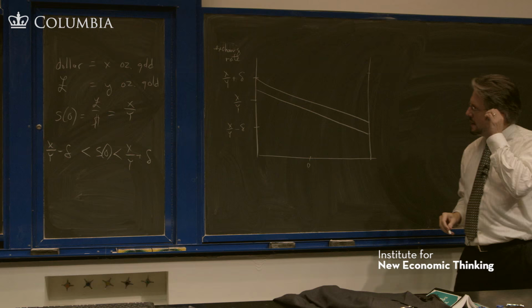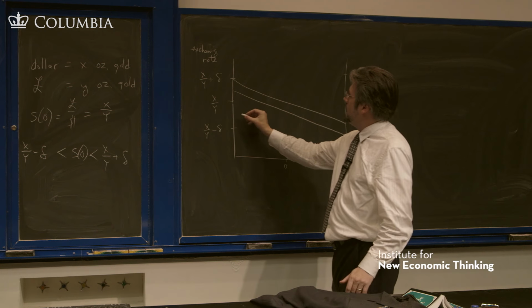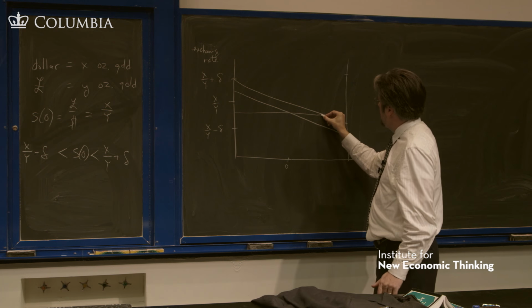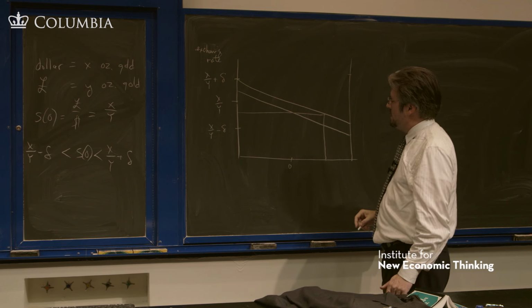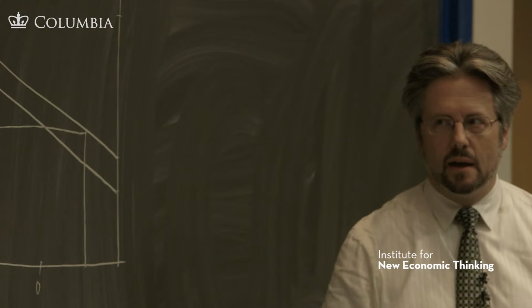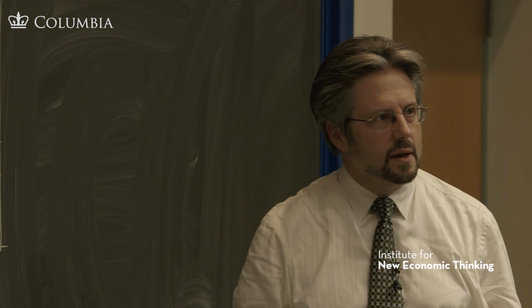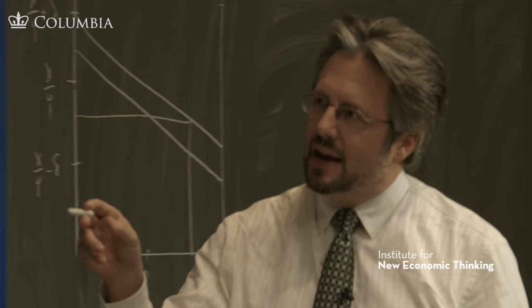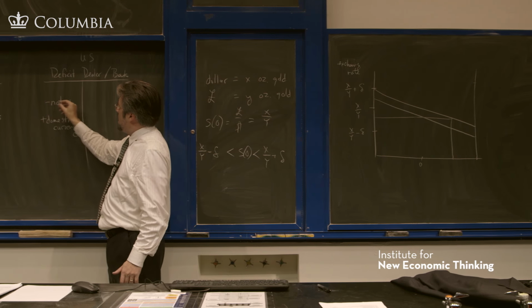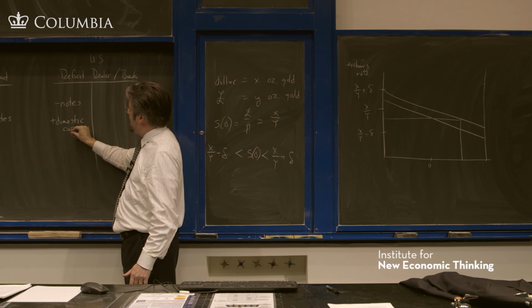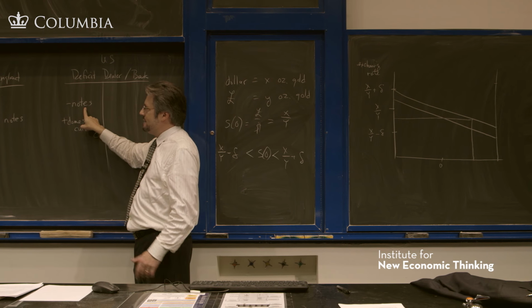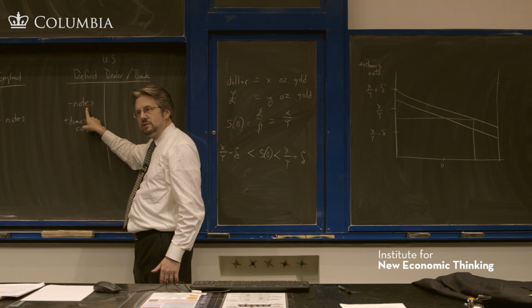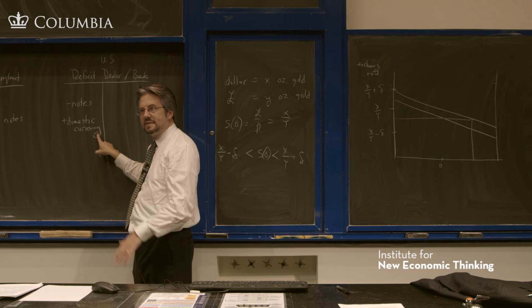Let's say that we are right here, because I'm going to talk about the deficit country. The US is a deficit country, and the dealers, you can see, are in a position where they are buying domestic currency and selling international currency. So they're long the domestic currency.